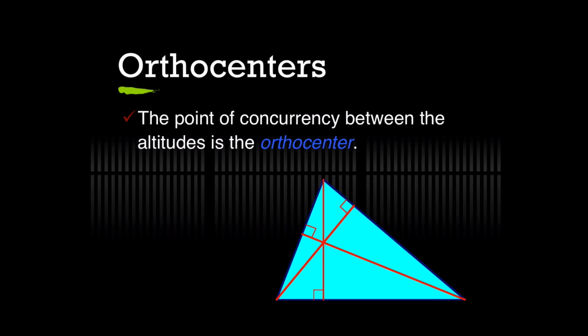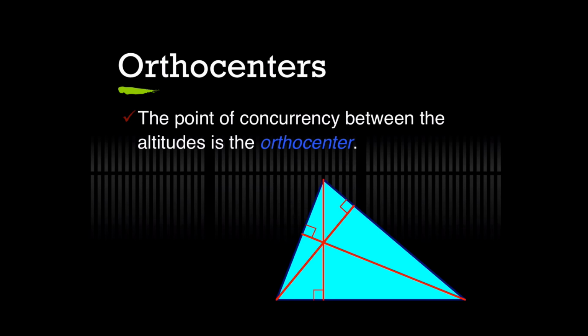What does a perpendicular bisector pass through? Grace? Midpoint. Beautiful, it passes through the midpoint. They are identical except an altitude passes through the vertex, over here. A perpendicular bisector passes through the midpoint.